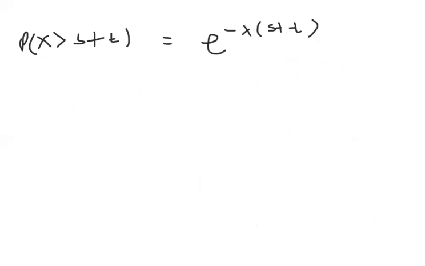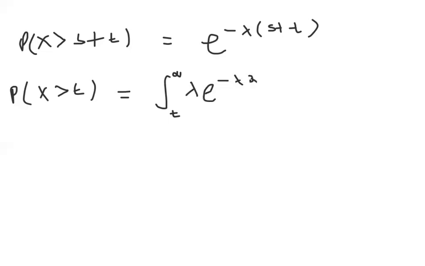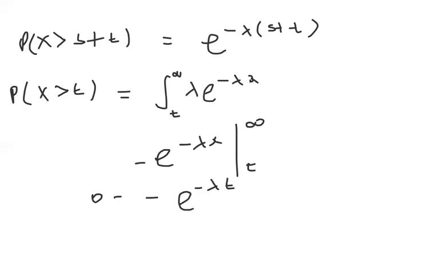Then for the probability of X greater than t, you integrate from t up to infinity of lambda e raised to negative lambda x. You get 0 minus e raised to negative lambda t, and that will give you positive e raised to negative lambda t.